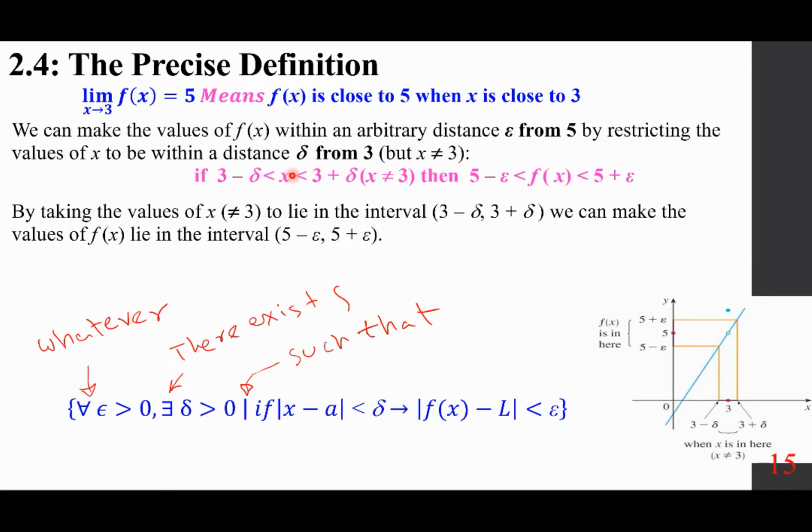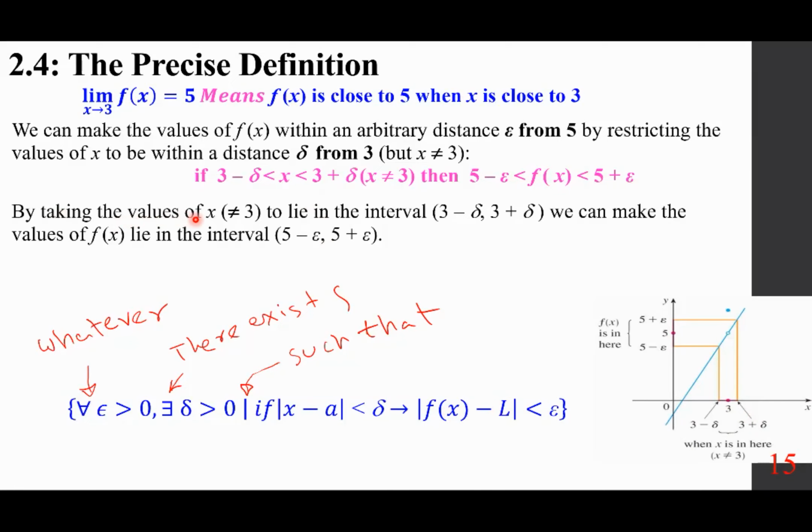In other words, if x is between 3 minus delta and 3 plus delta, which has to do with this absolute value, then 5 minus epsilon is less than f of x, less than 5 plus epsilon. Again, this has to do with this absolute value and the concept of that. I will write it down in a moment.